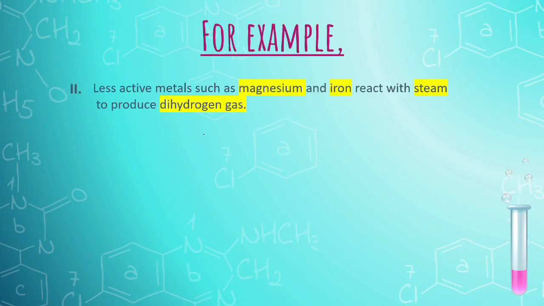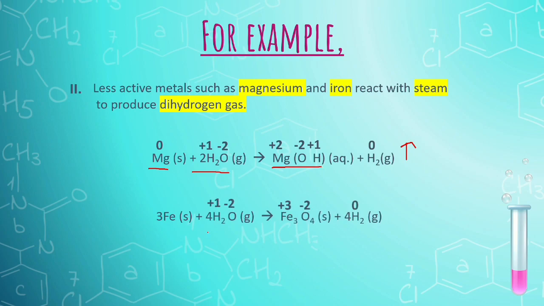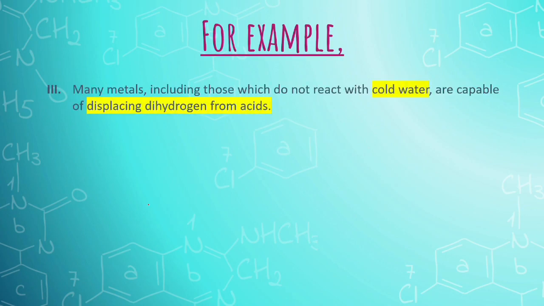In the second case, less active metals such as magnesium and iron react with steam to produce dihydrogen gas. Similarly, when iron reacts with water, it displaces hydrogen and forms ferric oxide. In the third case, there are many metals, including those which do not react with cold water, but are capable of displacing dihydrogen from acids.